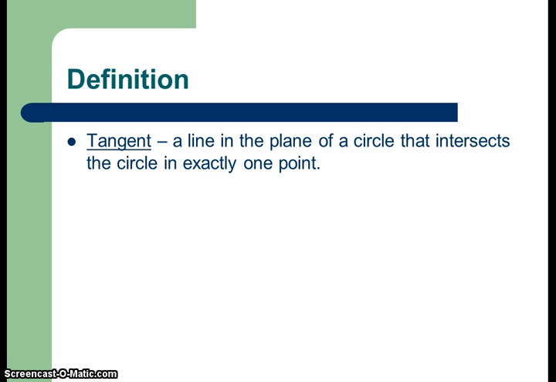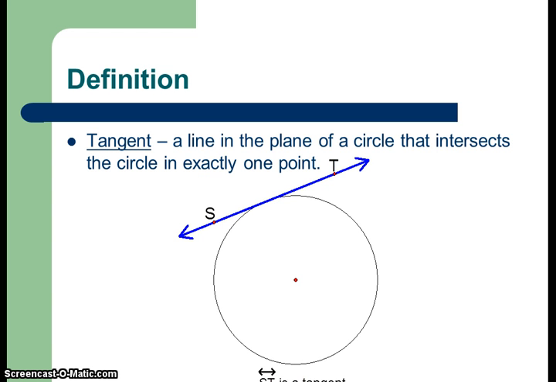Okay, the other big term we need to be familiar with is the tangent. So the tangent is just a line in the plane of a circle that intersects the circle in exactly 1 point. And what that looks like is just a line like ST here that just touches the circle in 1 point.